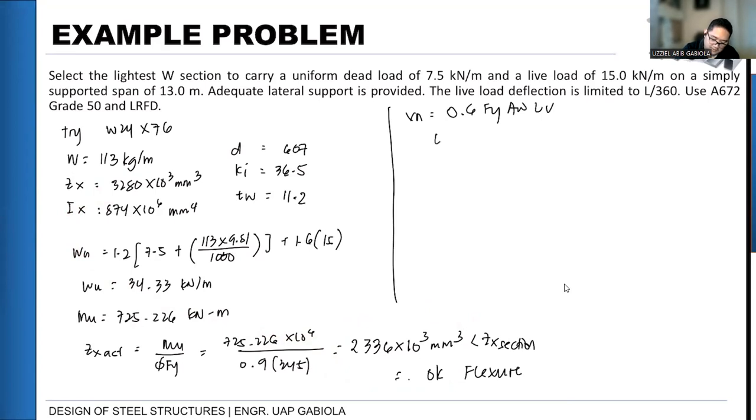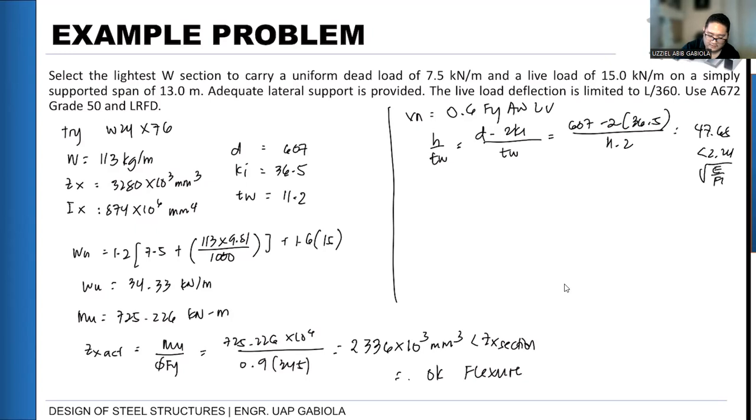So h over tw natin is equals to d minus 2k1 all over tw, that is 607 minus 2 times 36.5 all over 11.2, that is equivalent to 47.68, which is less than dun sa 2.24 square root of E over Fy. Therefore, Cv natin is equals to 1.0. So, ang phi natin is also 1.0.